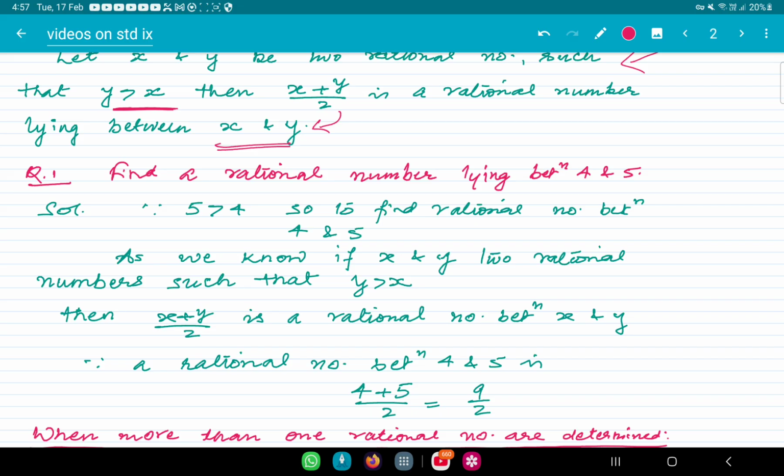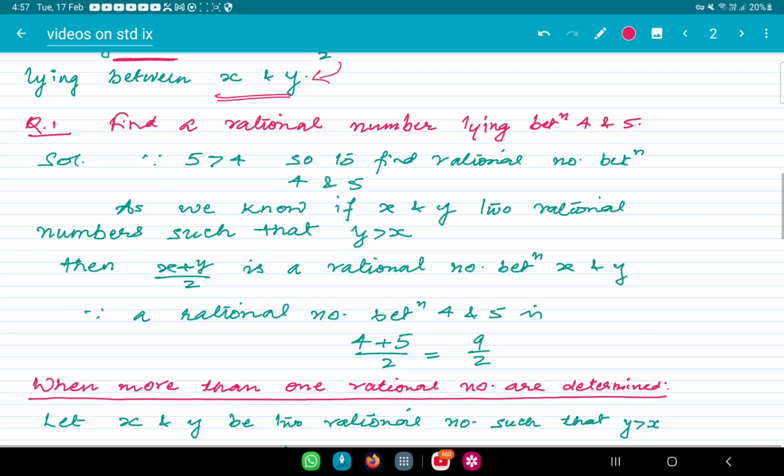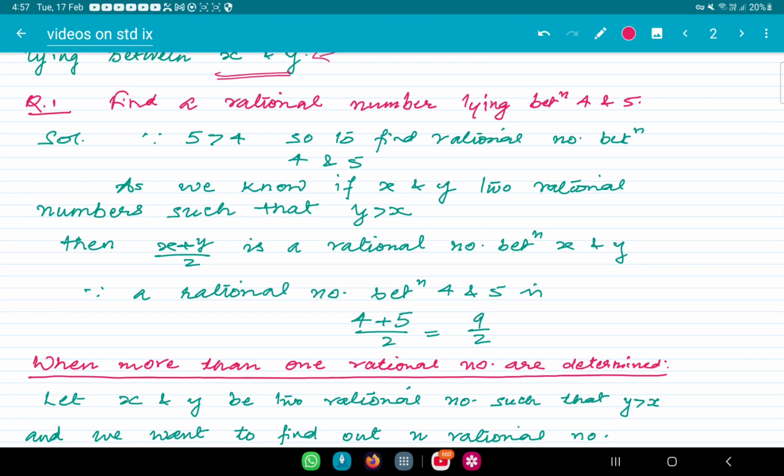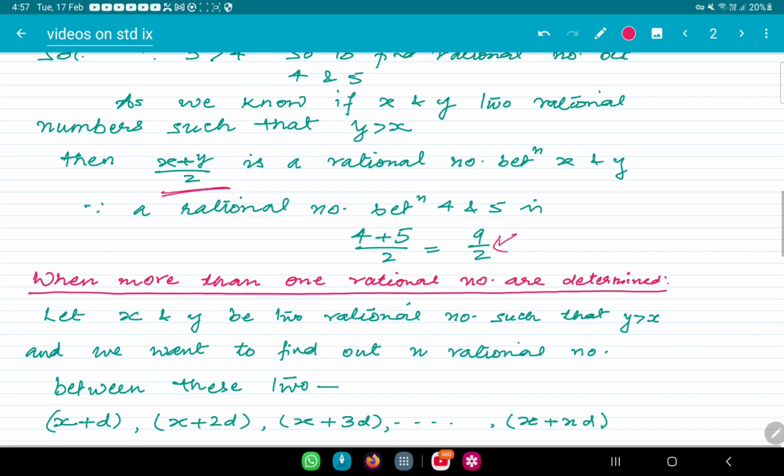Since y should be greater than x, yes, 5 is greater than 4. So x plus y by 2 means 4 plus 5 by 2, which becomes 9 by 2. So 9 by 2 is the rational number which lies between 4 and 5, and we write it as 4 by 1, 9 by 2 and 5 by 1.